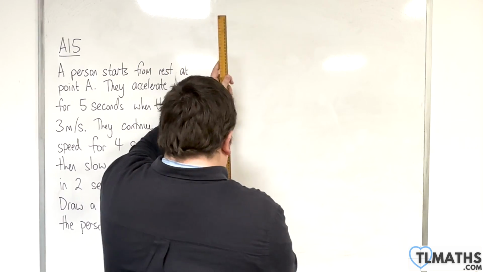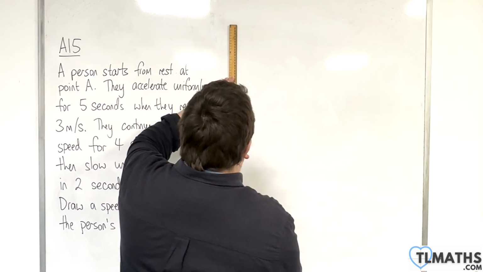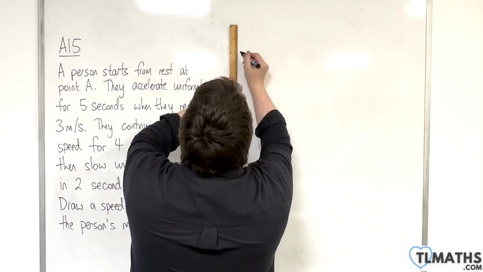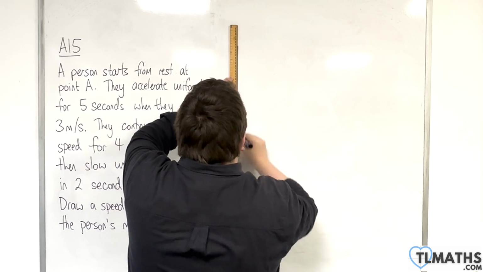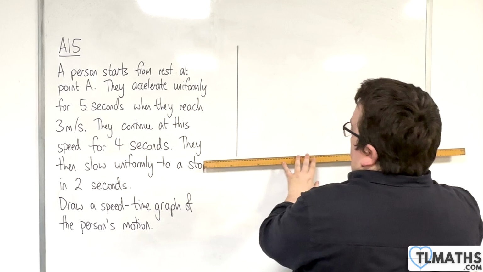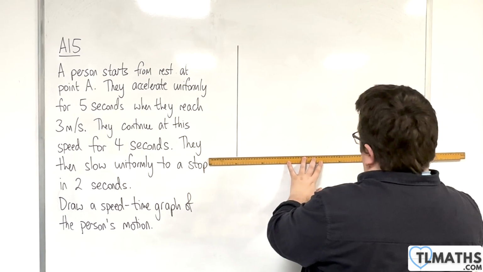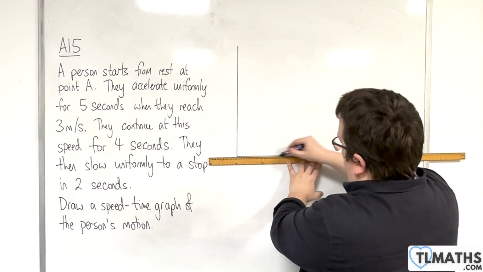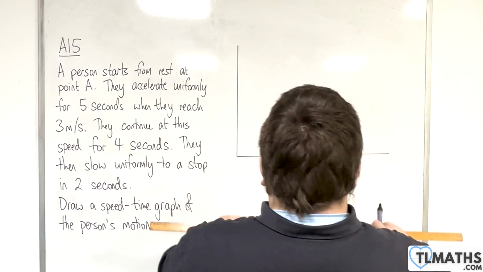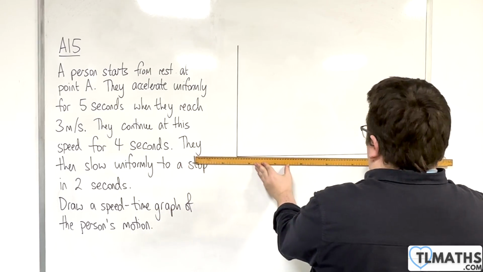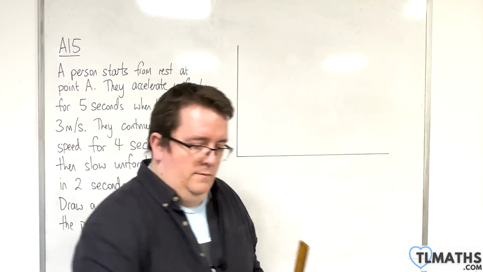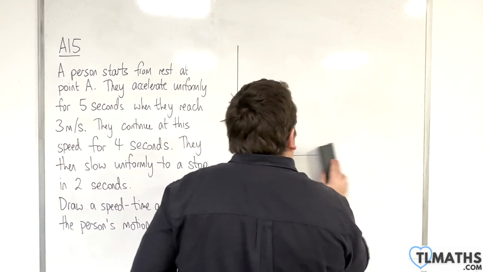Okay, so again, I'm going to be drawing this, I'm not going to be drawing this perfectly accurately, just so we can get an idea of what it would look like. That doesn't look very straight to me. Let me just try that again.